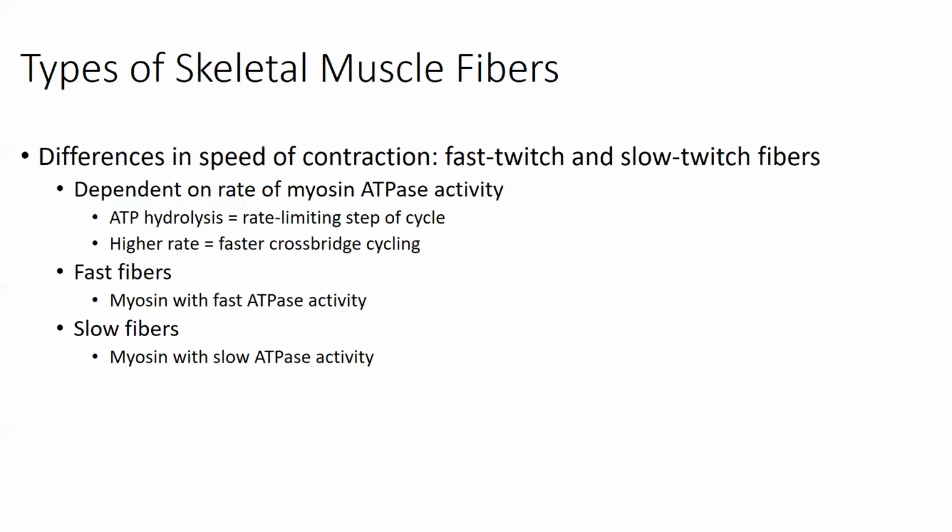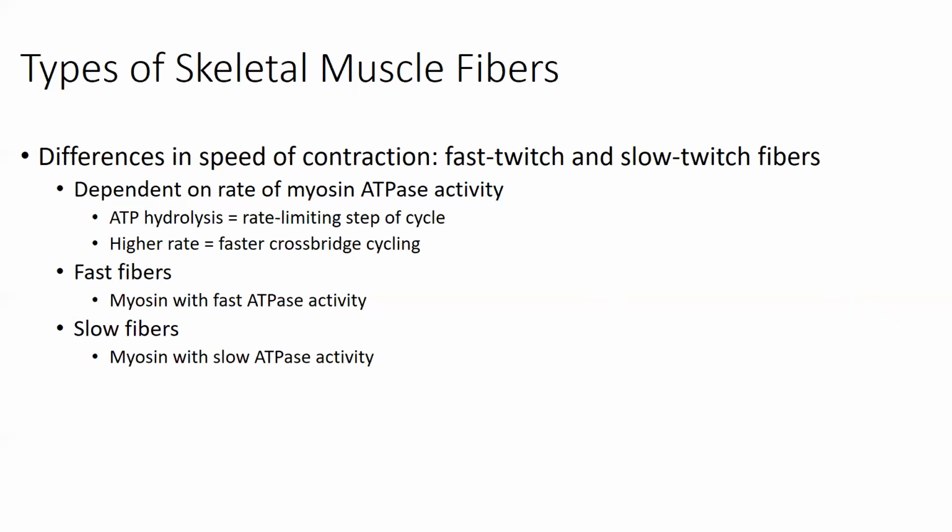Okay. First, we'll look at the rate of contraction or the speed of contraction. Now, whether or not a muscle fiber contracts very fast or slower is going to depend on the myosin ATPase activity. There are 2 types of myosin heads, or 2 types of myosin ATPase activity.